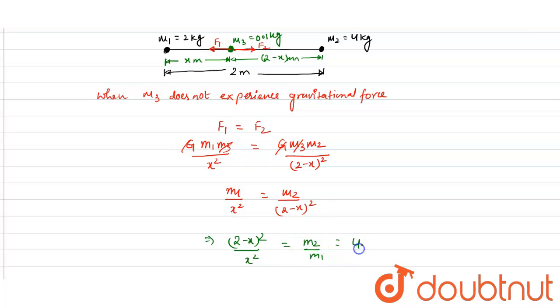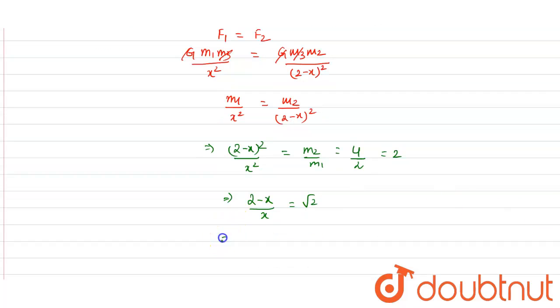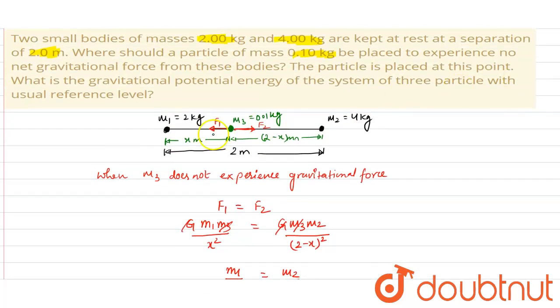The value of M2 is 4 kg and M1 is 2 kg, so it will be 2. Or what we can say from here is 2 minus x upon x will be equal to under root 2. So on solving this, we get the value of x as 0.83 meters. So we will place the mass M3 of 0.1 kg at a distance of 0.83 meters from the mass M1.